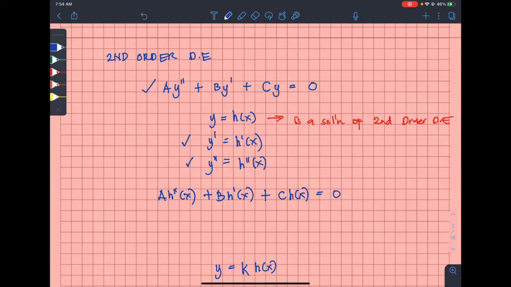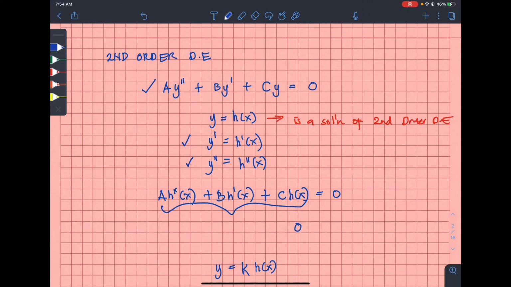As you can see here, h double prime of x, h prime of x, and h of x are the same as y double prime, y prime, and y. So we're just using different variables. Instead of y, we're using h of x.